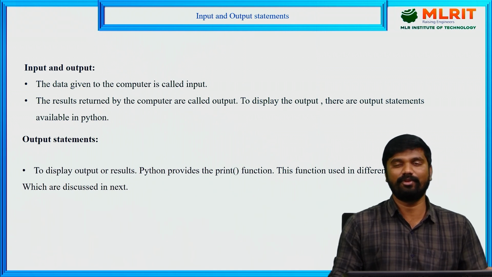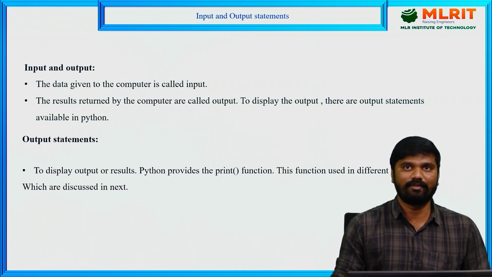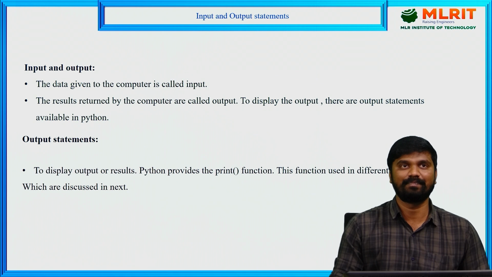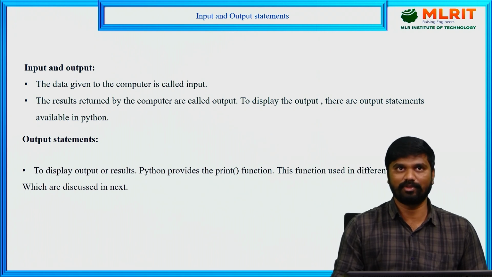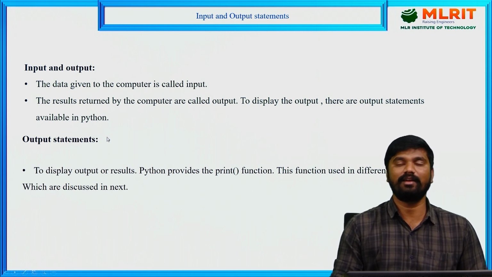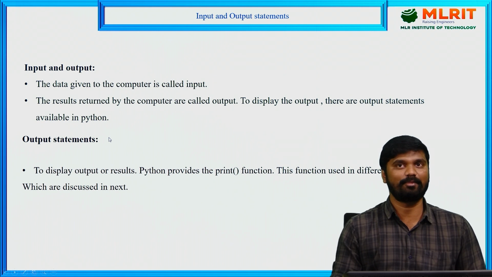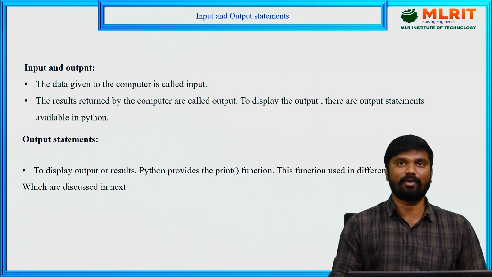Before discussing what input and output are, first we have to know the purpose of the computer. The purpose of the computer is to process the data and return the result.